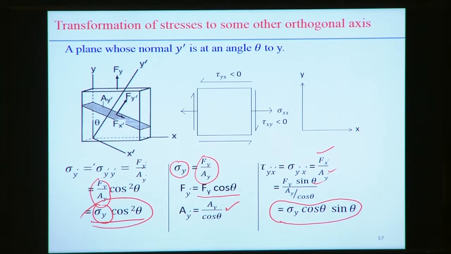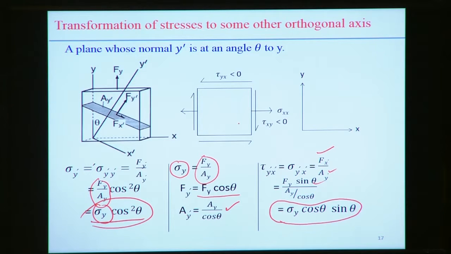So with this transformation, geometrically we can find out the stress state in some other axis system, with reference to the initial axis system. Now how can we define the sign convention for shear stress and normal stress here?